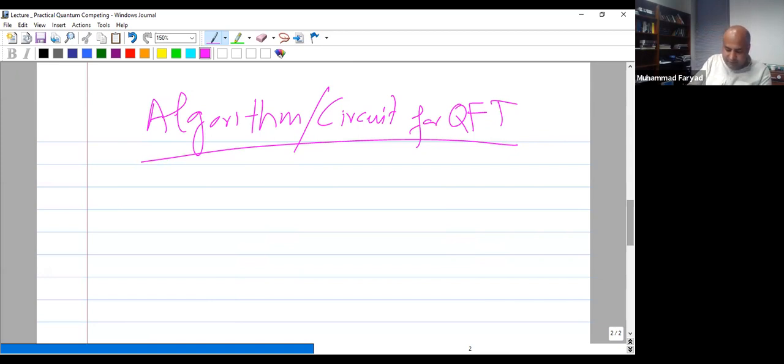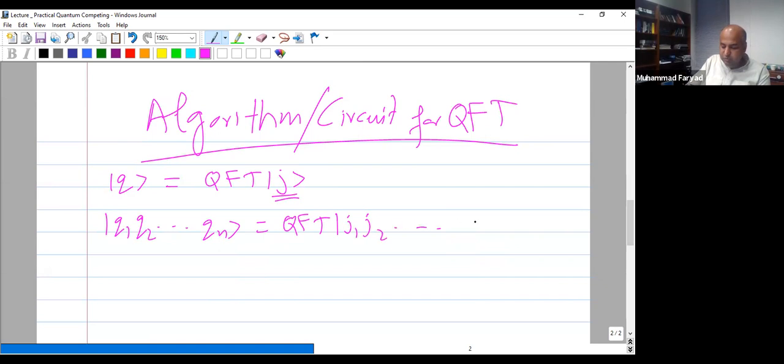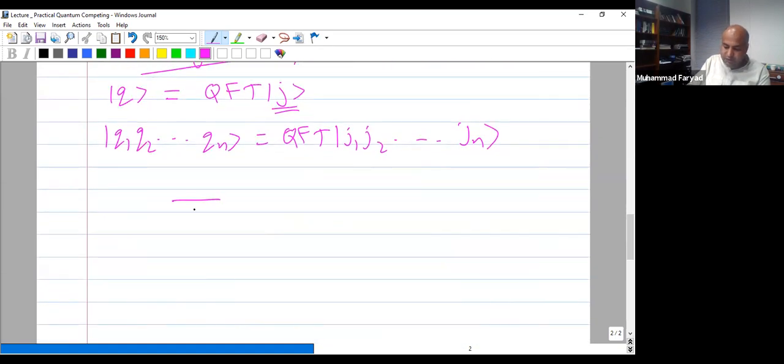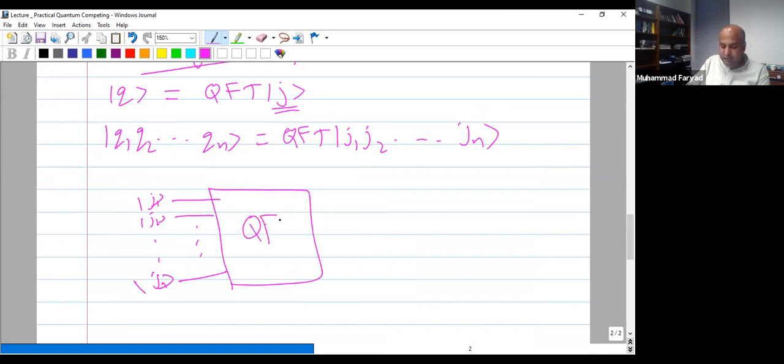So let's say that we have some state q, which is the QFT of some state j, where this q is, just to recall, q1 q2 up to qn, and this j state is nothing but j1 j2 all the way to jn, which means that if we have some j1 j2 all the way to jn, we want an algorithm or a circuit which gives us at the output q1 q2 up to qn.